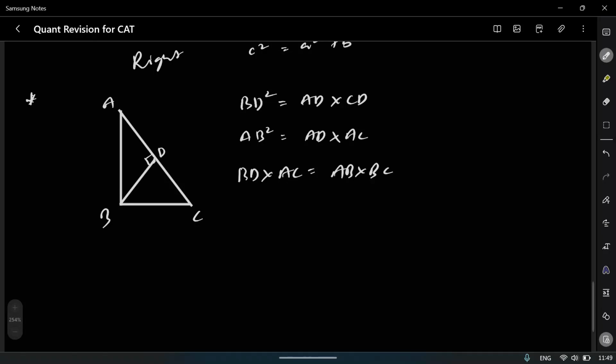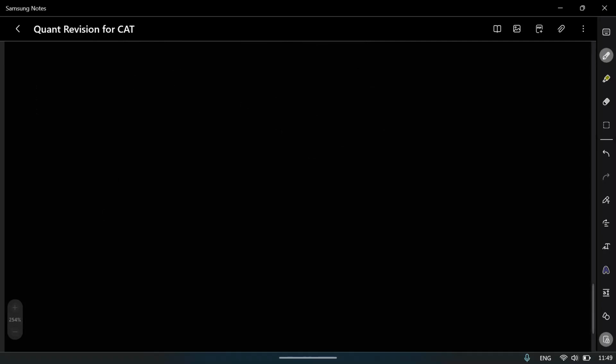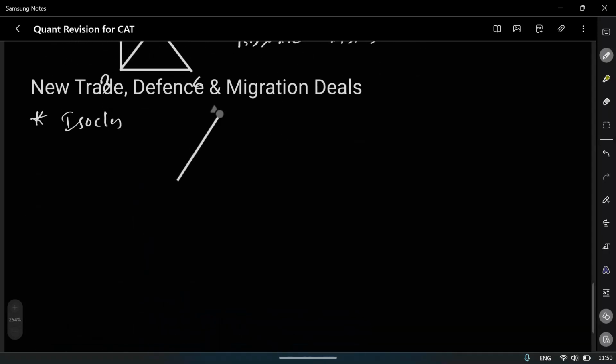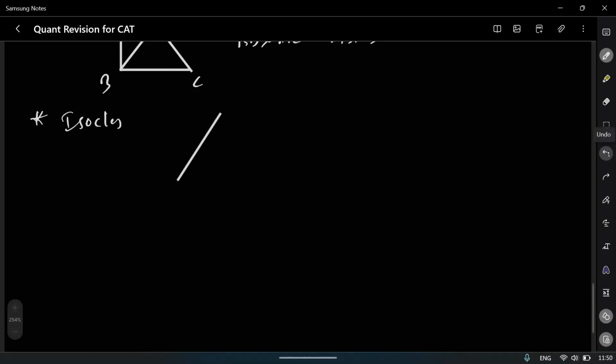Coming to some properties of isosceles triangle. An isosceles triangle means it has two equal sides. The two equal sides are AB and AC.